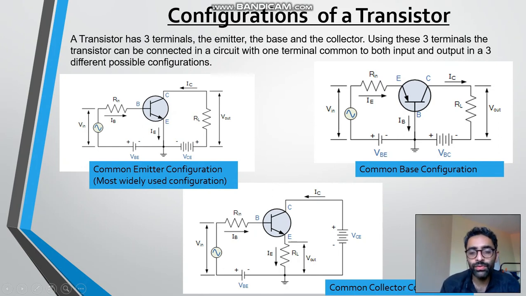This type of circuit is called the voltage follower or the emitter follower circuit, because the output voltage that you get is actually the voltage at the emitter, and that's why it is called the emitter follower. The common collector configuration is also used for impedance matching circuits in the industry. So we have answered both parts of this question.